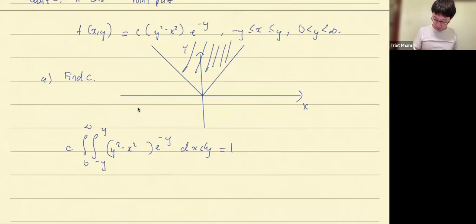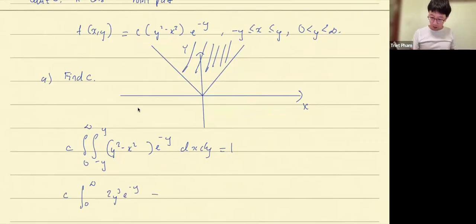And so what is it? So x, right? Anything with respect to x can factor out. So the first integral you see is y squared e to minus y times 2y, so the first integral is 2y cubed e to minus y.